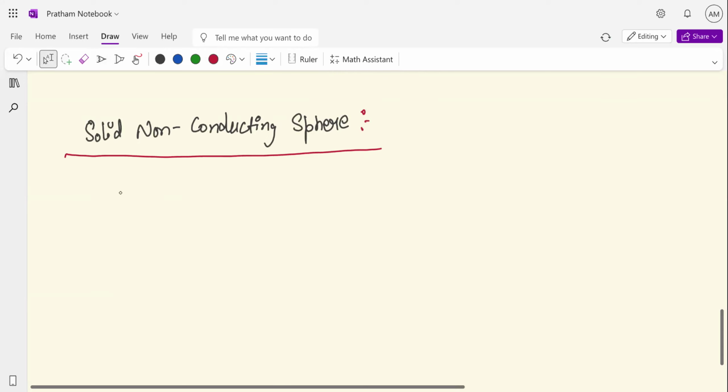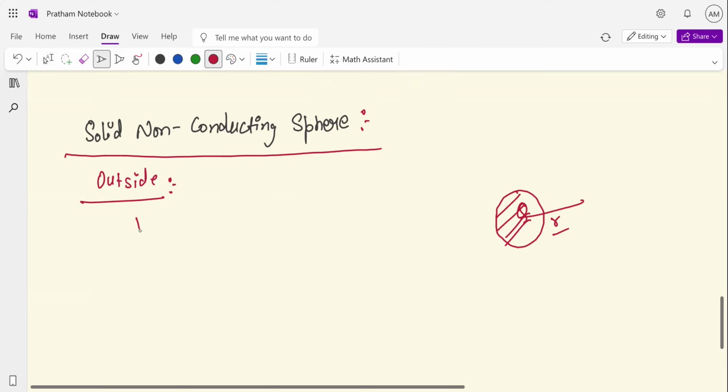First I'll be calculating outside, which is a very easy part. This is the sphere, and whatever charge you have, you can call it q. Outside you can easily calculate, right? What is the potential outside? It is kq divided by r.